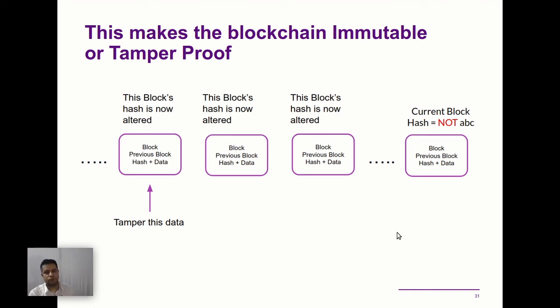But that will change the data of the next block, because the hash of the previous block that we are adding is going to be changed accordingly. This change is going to cascade to the top of the chain of blocks. This is what's important.